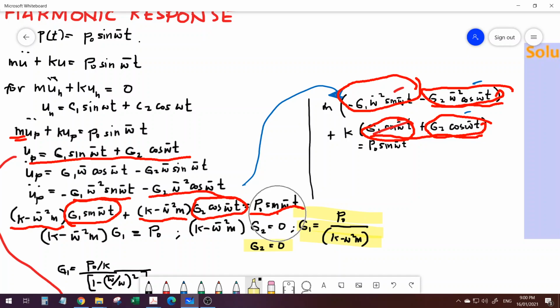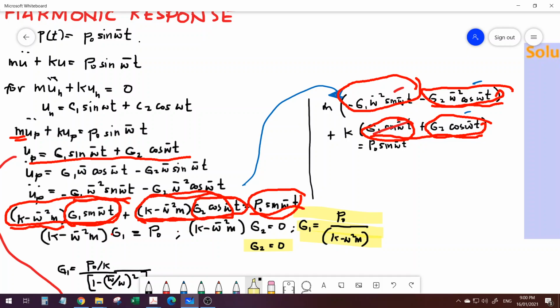If this is the situation, that means the sine omega bar t part is equal to the right-hand side of the equation. So, if that's the case, this term will now be equal to 0.